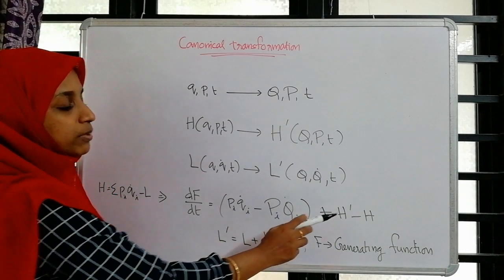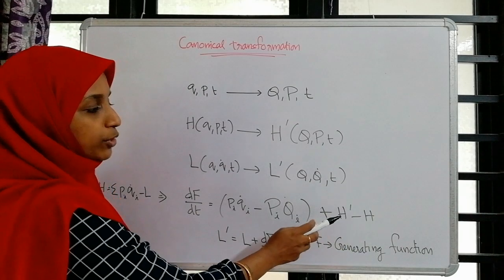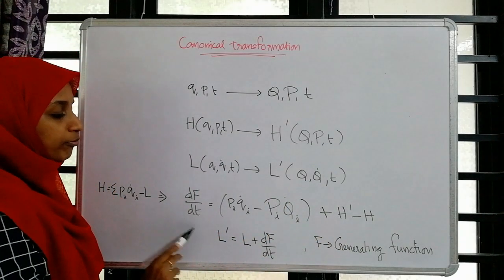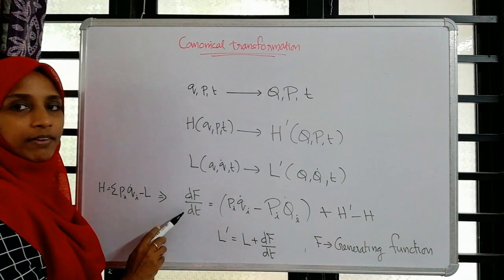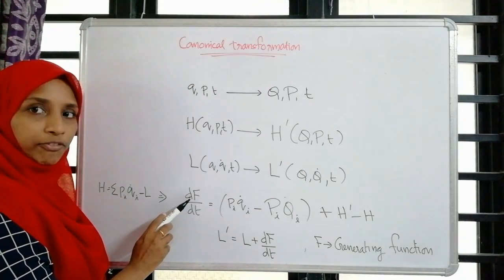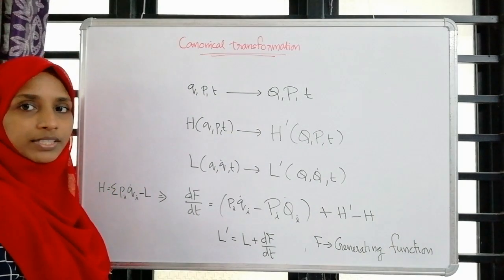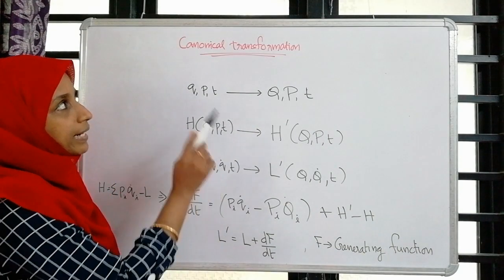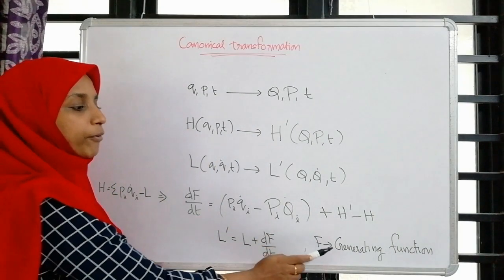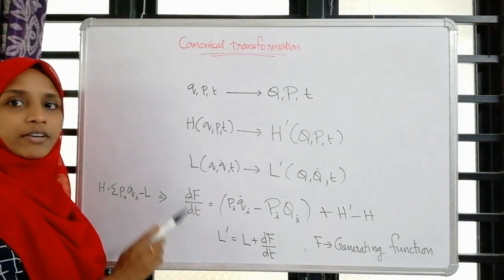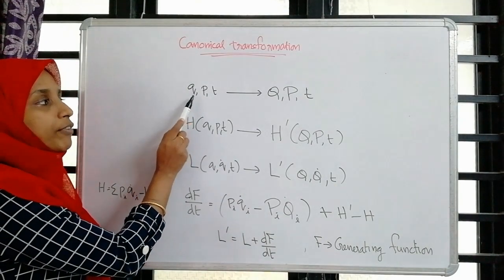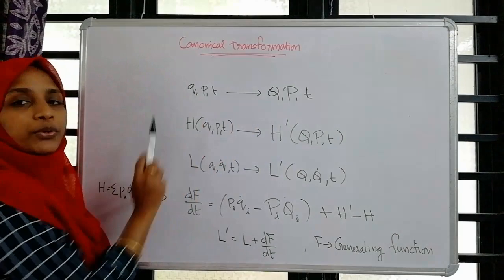That is, the difference between the old Hamiltonian and new Hamiltonian will be dF by dt, the total time derivative of a function F, where F is represented as the generating function. We are explaining the canonical transformation with the help of this generating function, which represents the total transformation from old coordinates to new coordinates.